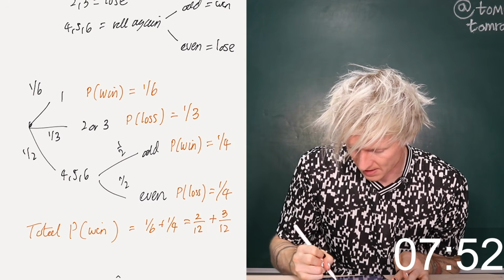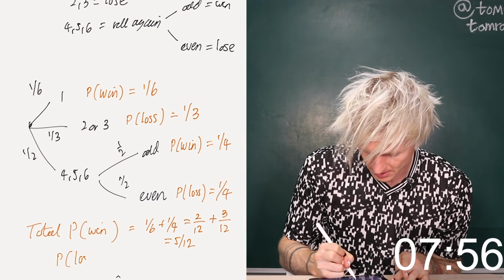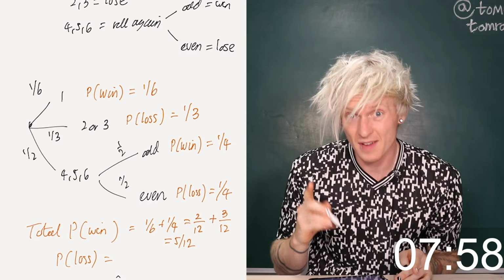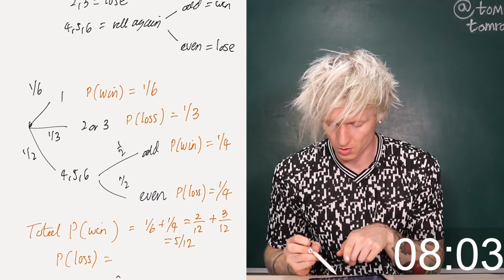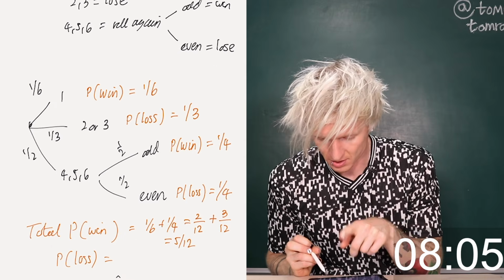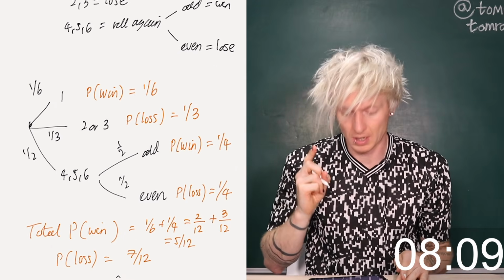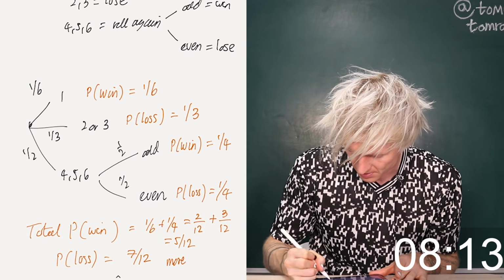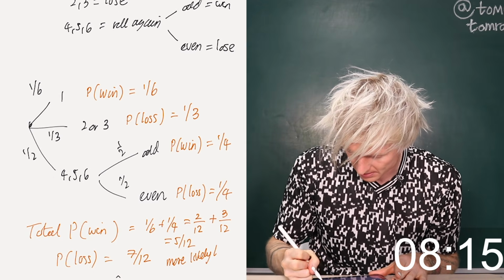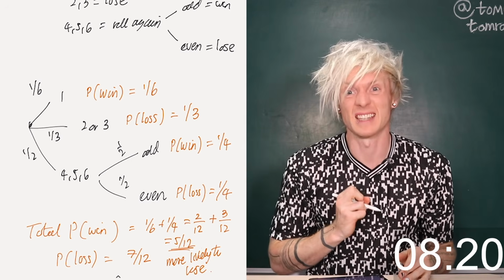So I think that's 5/12ths, which means the probability of a loss should therefore be 7 out of 12. I'm going to do it properly to make sure I'm right. So 1/4 is 3 out of 12, plus a third is 4 out of 12, so it is 7 out of 12. So she is more likely to lose. So let's write that. More likely to lose, and the probability of winning is 5/12.